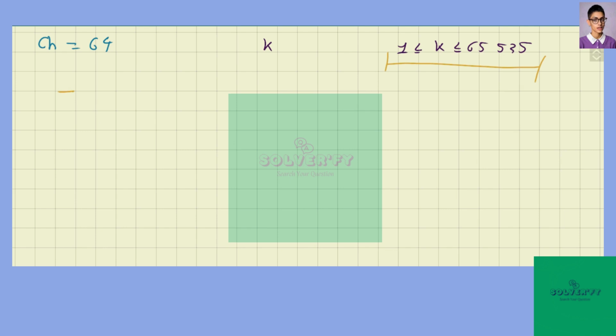That means that we need to involve a sum from k equals 1 to 65,535. Okay, and this is only because this sum is inclusive. In case that it is not inclusive, we need to start from 2 and go up to 65,534. But in this case, the interval is inclusive, so we need to consider the borders of the interval.